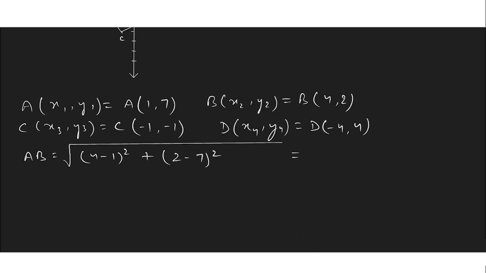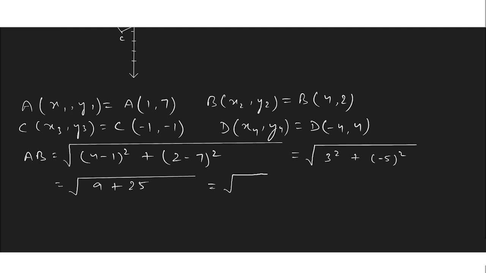It comes out to be 3 square plus minus 5 square, which is 9 plus 25, which comes out to be square root of 34. This implies that AB is equal to square root of 34.